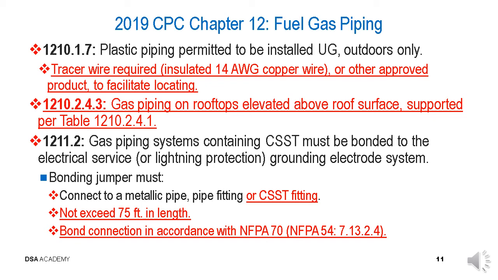And the bonding jumper must include the following elements. It needs to connect to a metallic pipe fitting or CSST fitting, must not exceed 75 feet in length, and the bond connection must be in accordance with NFPA 70, which is referencing NFPA 54, section 7.13.2.4.